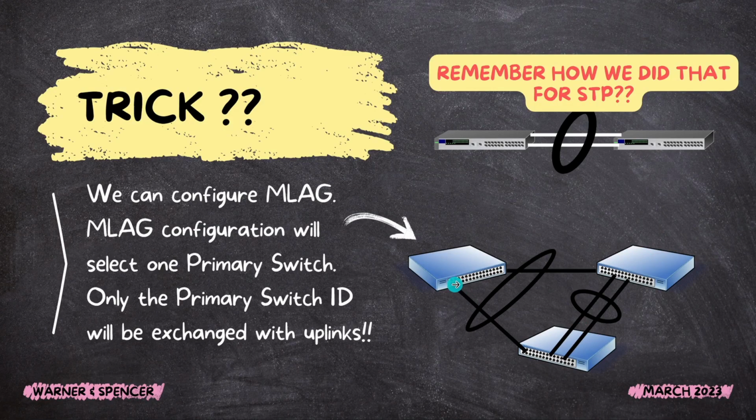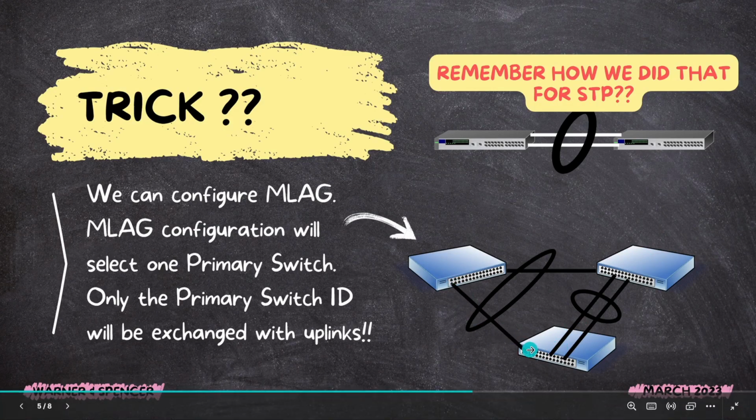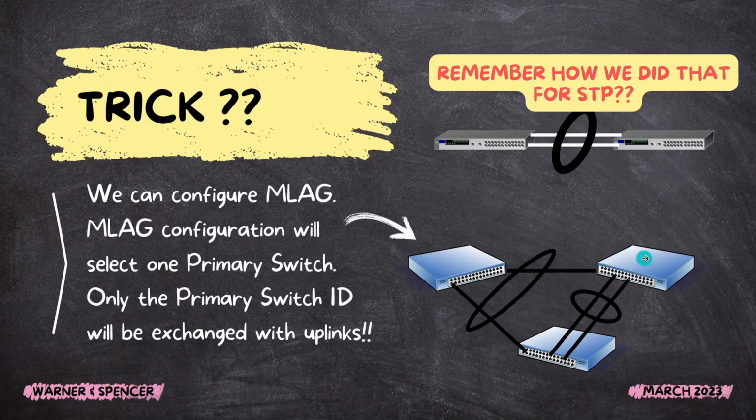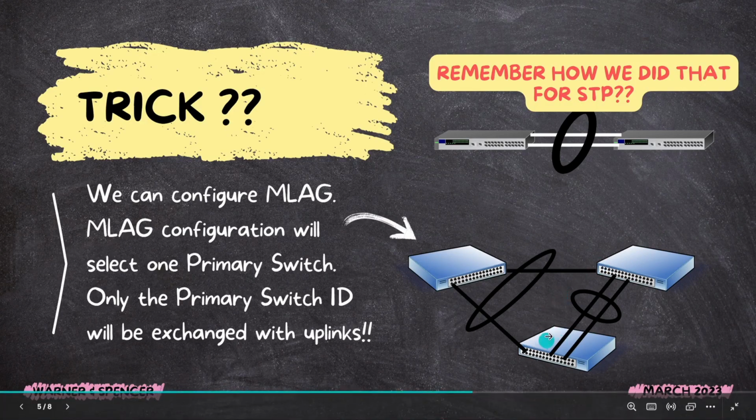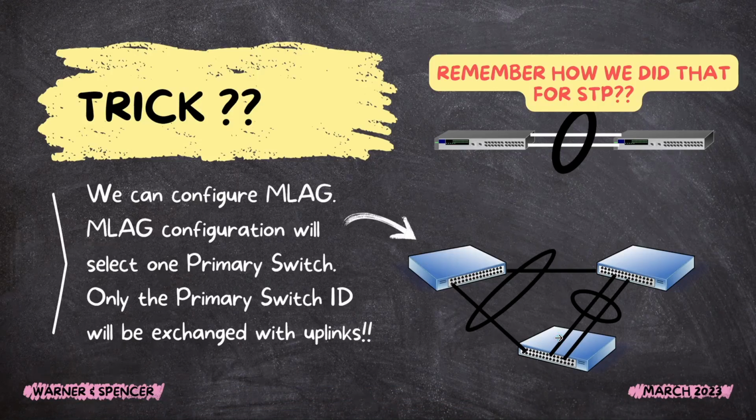If a packet is received on this switch, then by communicating via MLAG, both switches will have the primary switch ID configured. So let's say this switch is the primary switch, then the ID of this switch will be saved on this switch after the successful configuration of MLAG.